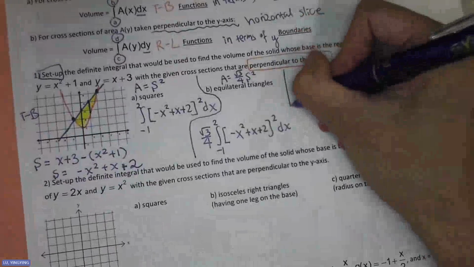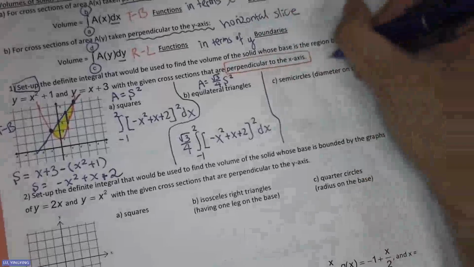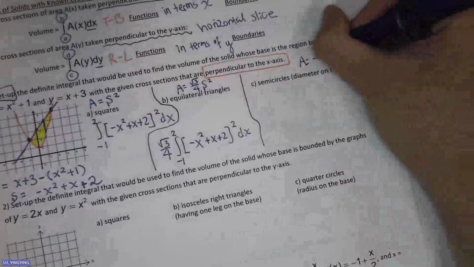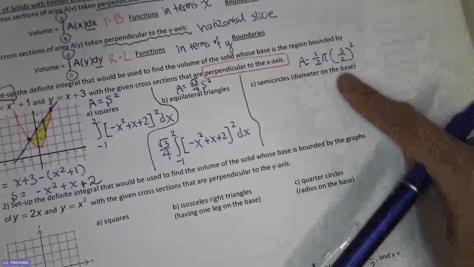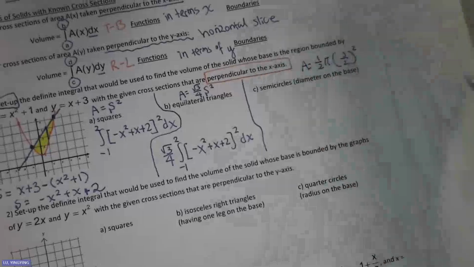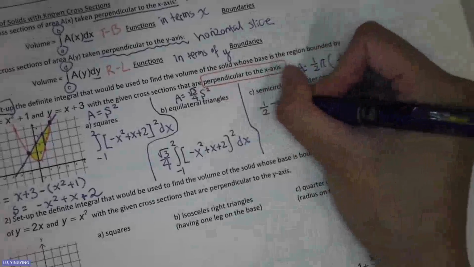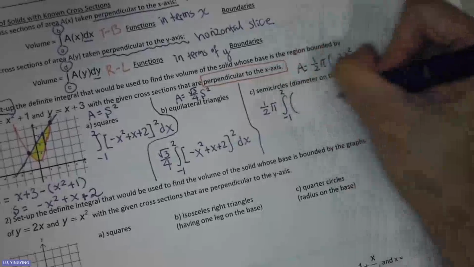Now the semicircle is the one that's a little bit confusing. You need to know both setups. Semicircle is 1/2 pi (S/2) squared, because your S you gotta divide by 2, or 1/8 pi S squared. So you can either do 1/2 pi in the front, and then -1 to 2.